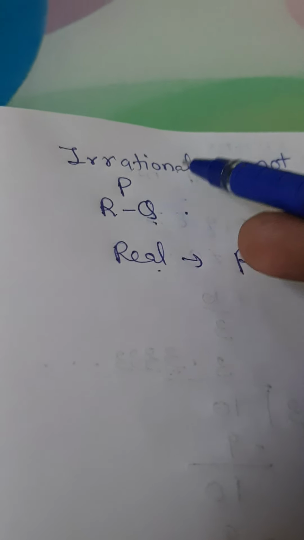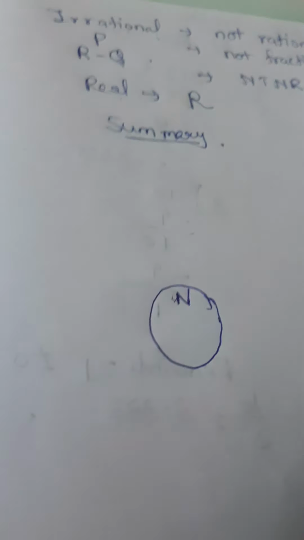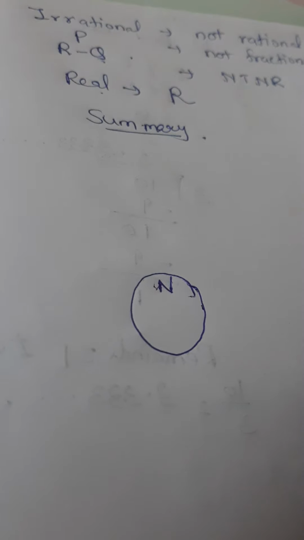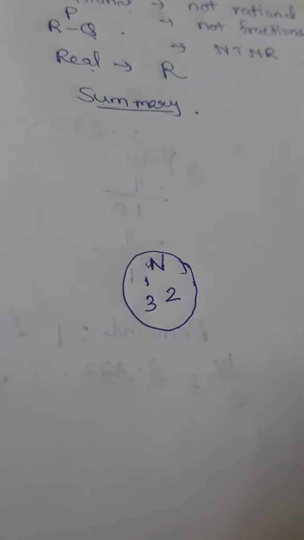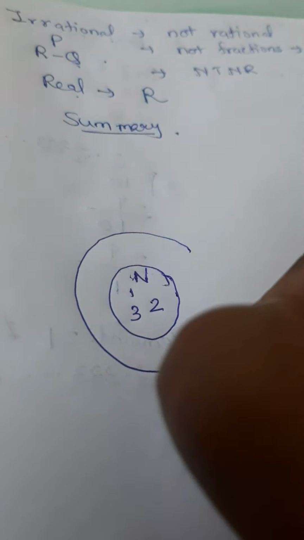Fine. Okay. So, can we summarize the different types of number systems? The first number system that we saw was natural numbers. Natural numbers contain all the positive numbers excluding fractions like 1, 2, 3, etc. Then we saw whole numbers.